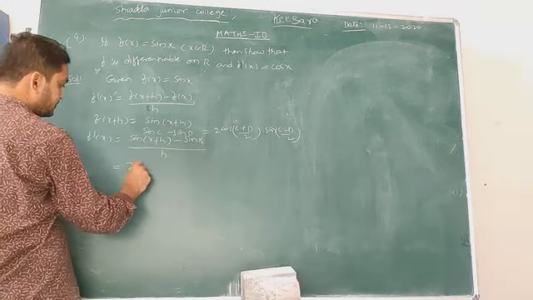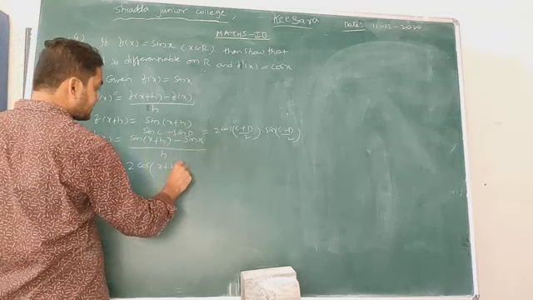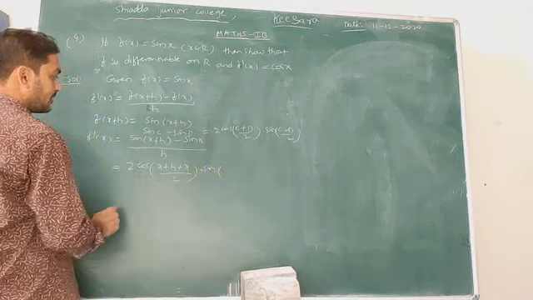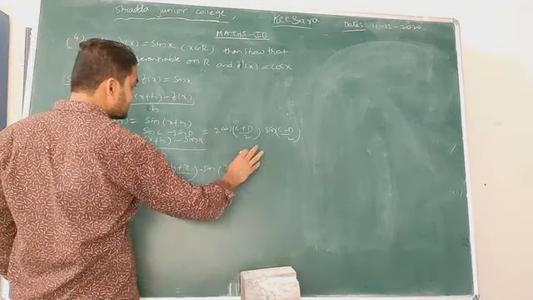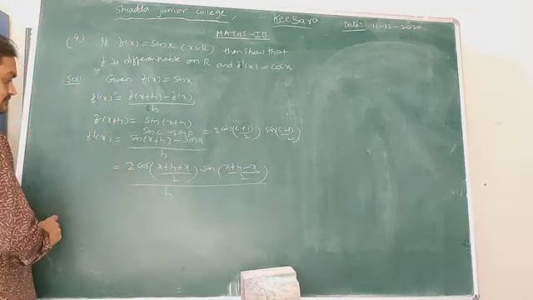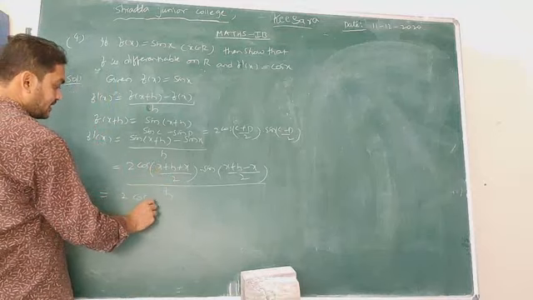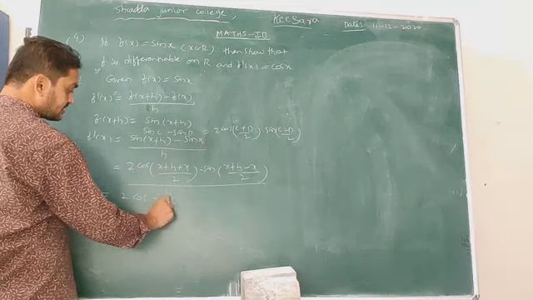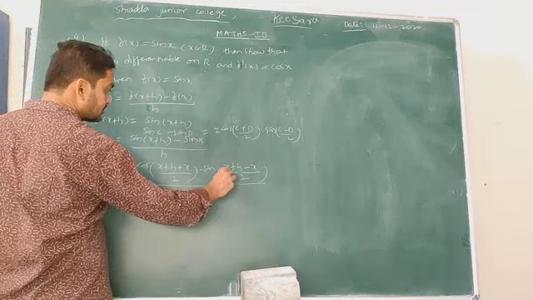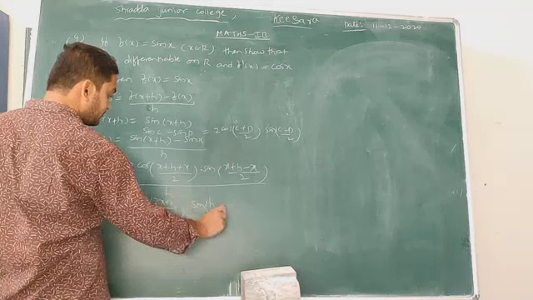Now here 2 into cos of (x plus h plus x) by 2 into sin of (x plus h minus x) by 2, by h. Now this equals 2 into cos of (2x plus h) by 2 into sin h by 2, by h.